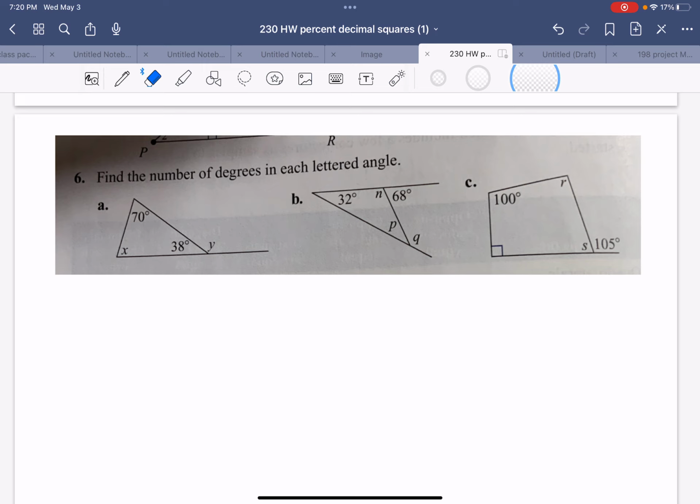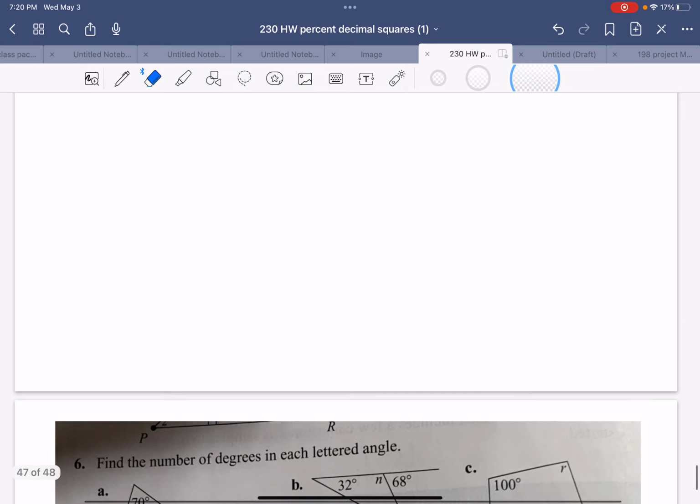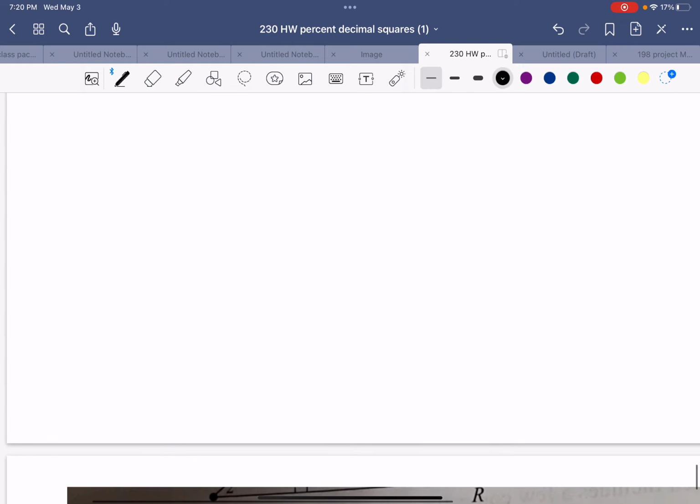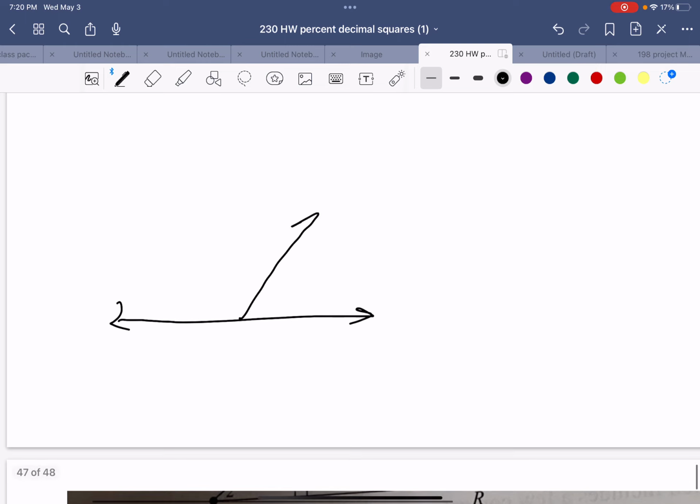Okay. So the two things that are going to be useful when you're looking at problems where you're trying to figure out angles is, one, two angles that make up a straight line. So if I have two angles, angle 1 and angle 2, such that when I put them together, meaning if I go from here to here, that's angle 1, and then from here to here, that's angle 2. So together, I'm going all the way over to a straight line.